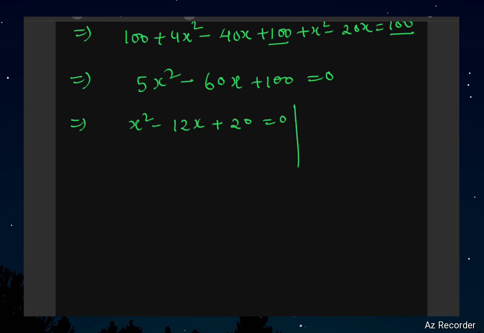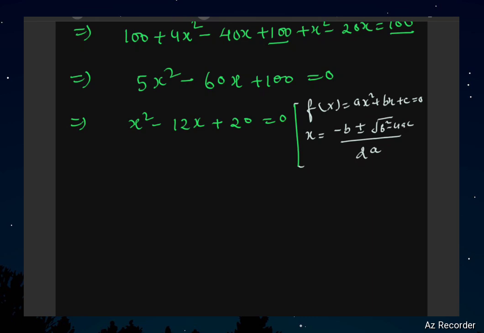We know f(x) equals ax square plus bx plus c equals 0 has roots x equals minus b plus or minus the square root of b square minus 4ac, upon 2a. We know these values, so we can also factorize it. That's not a problem. Let's do it by factorization, or we can use this formula.